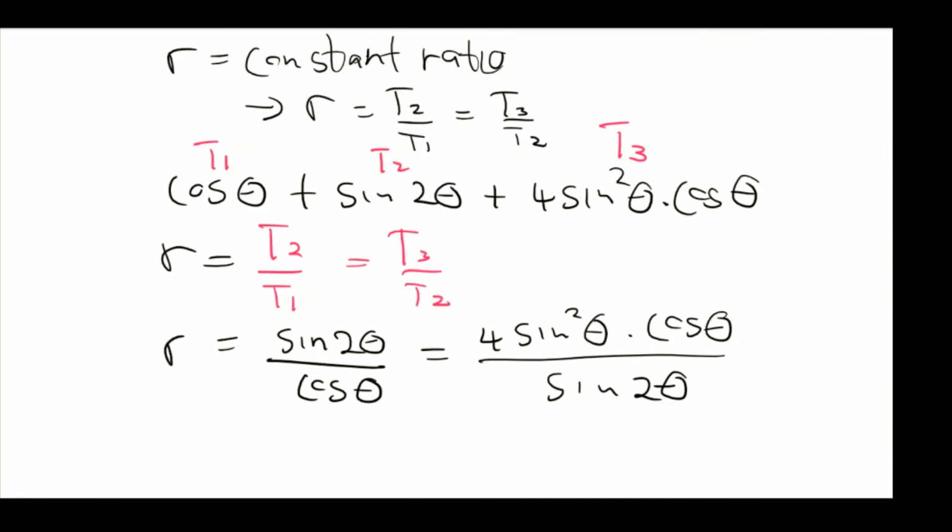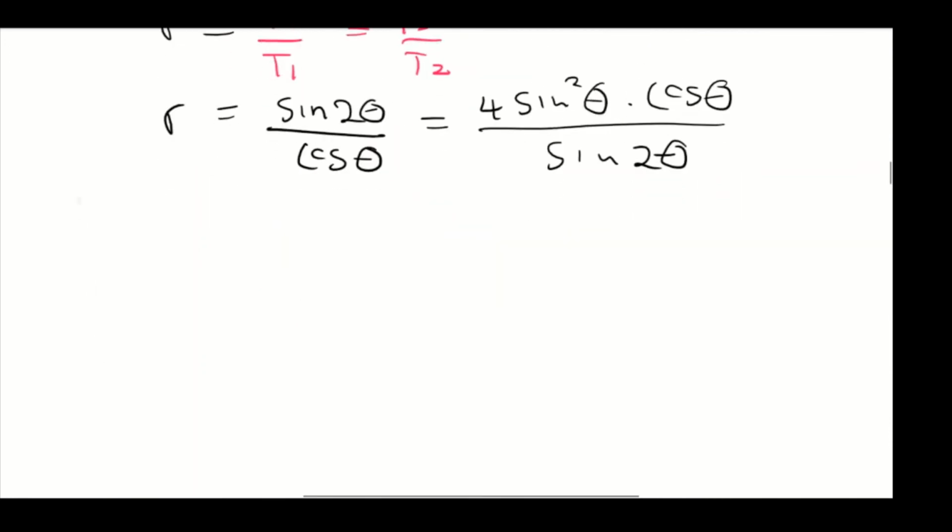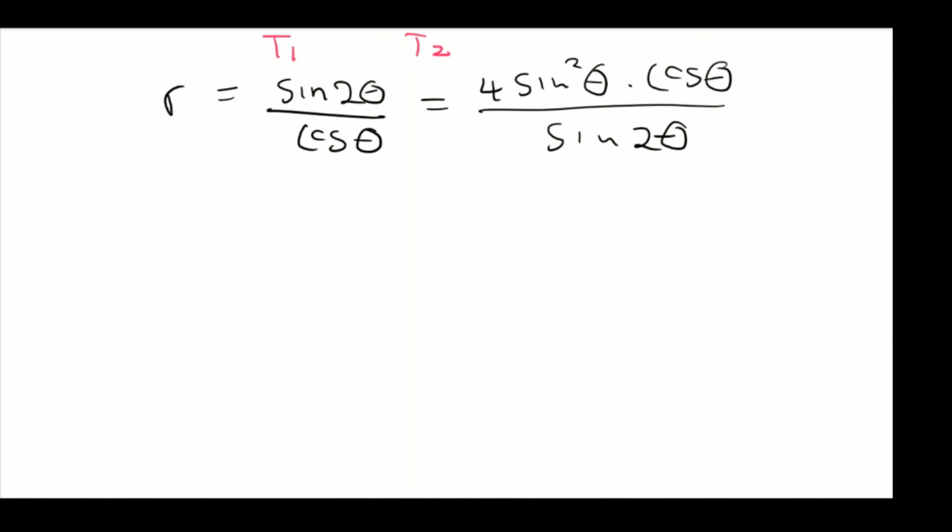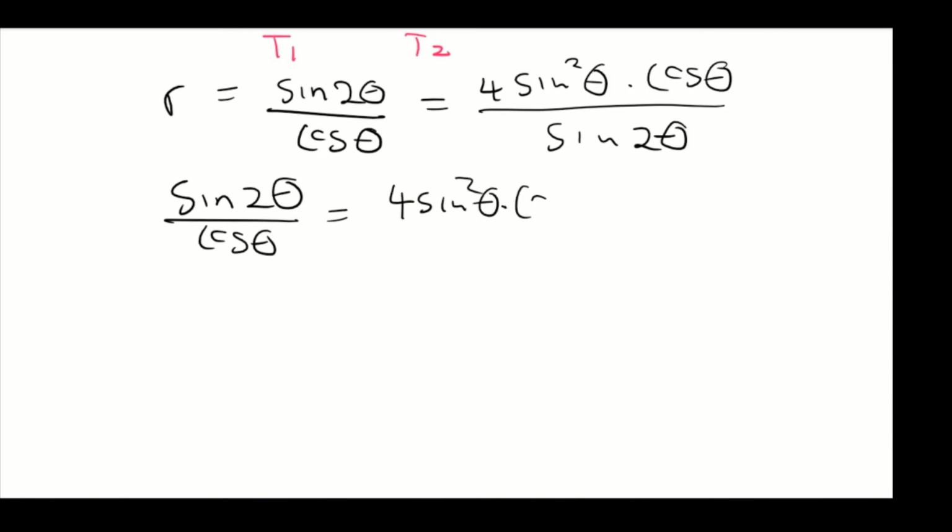So this is our R. To write this properly, we're going to say sine of 2 theta over cos of theta is equal to 4 sine squared theta multiplied by cos of theta divided by sine of 2 theta.